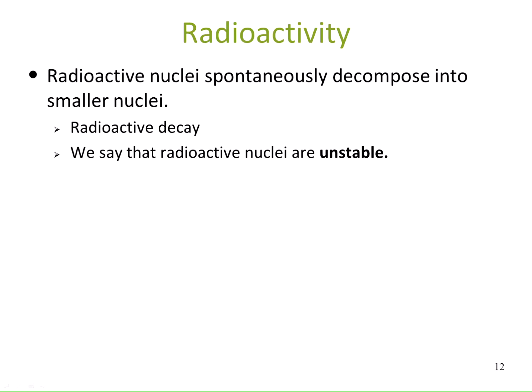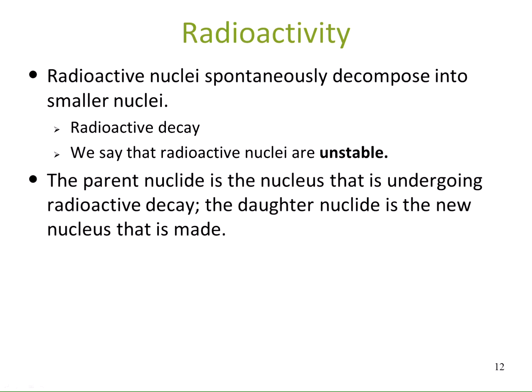Radioactive nuclei spontaneously decompose into smaller nuclei, and this is what we call radioactive decay. And we say that radioactive nuclei are unstable. The parent nuclide is the nucleus that is undergoing radioactive decay, and the daughter nuclide is the new nucleus that is made.